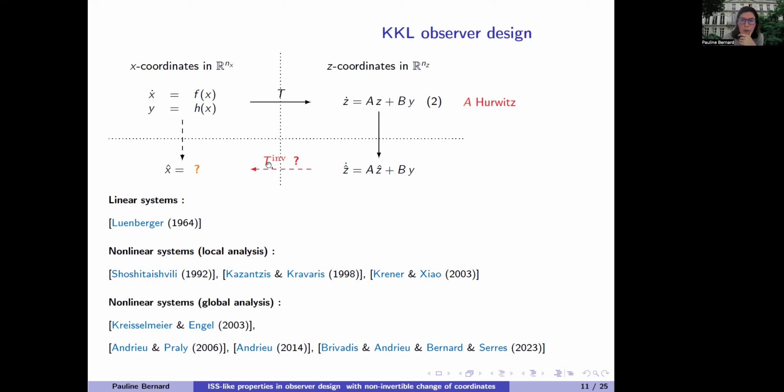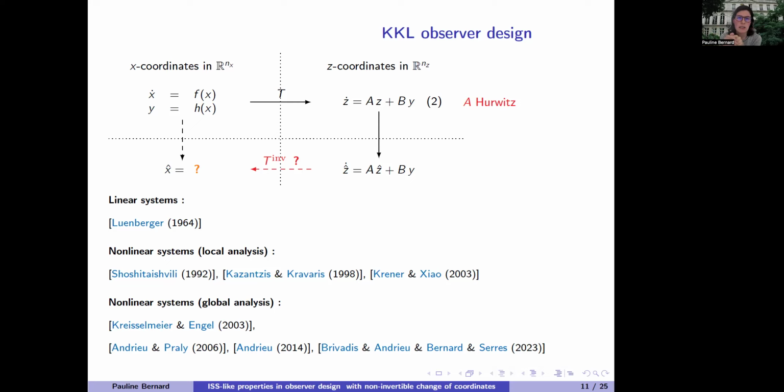This is exactly how we wrote it down, but it turns out that for linear systems, this is completely equivalent to the usual formulation that people have in mind when speaking about Luenberger observers, which is just X̂ dot equals a copy of the dynamics plus a constant correction term.